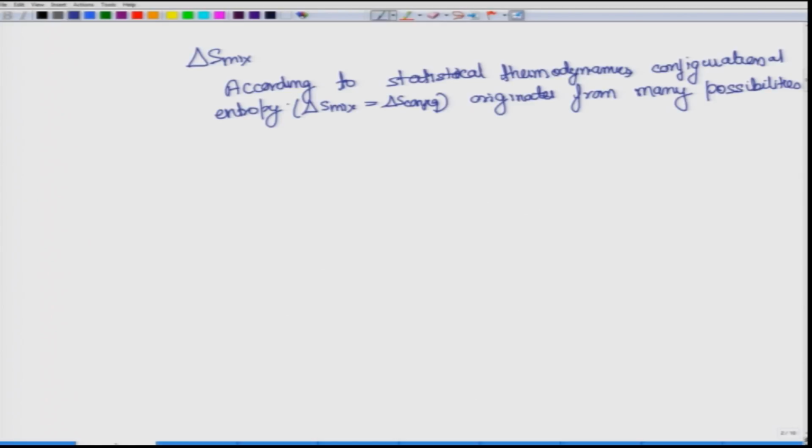So, what is this statistical thermodynamics saying, that according to statistical thermodynamics, configurational entropy originates from many possibilities of arranging vacancies amongst sites. Okay. So, now let us move on to what will be the definition of this S configuration, which is also the S mix.